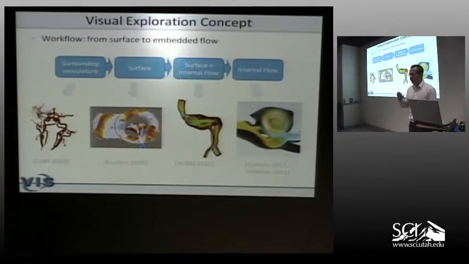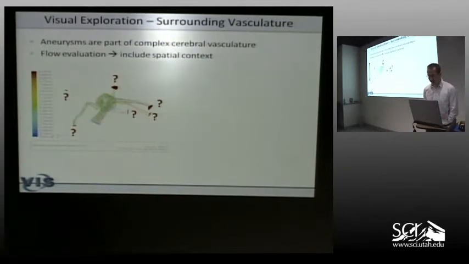You have an outer surface and an inner surface, and the question is what is a perceptually optimal way to convey both. The slight difference here is that the internal feature is a line feature. It's not actually an outer surface and an inner surface. And then there is the exploration of the internal flow, where I also want to present a few approaches.